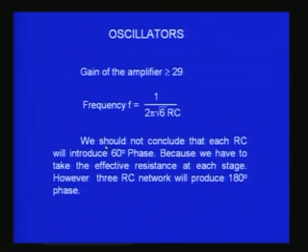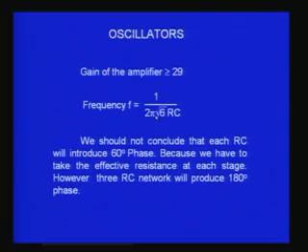So when you use a 3 RC phase shifting network, the oscillator works when you maintain a gain larger than 29, and the frequency is given by 1 by 2 pi root 6 RC, where R and C I assume are equal. You can also choose R1 C1, R2 C2, R3 C3, but then the expression becomes much more complicated. So usually everybody will try to use simple equal values of R and C for all 3 networks.